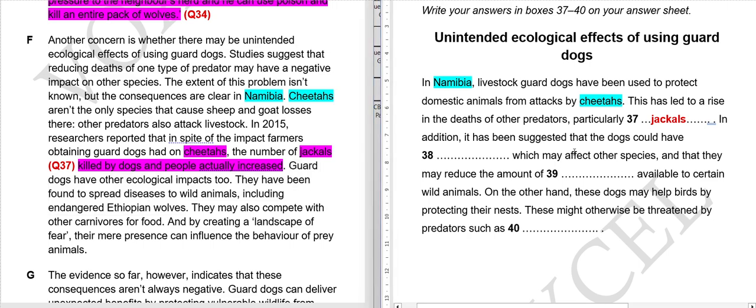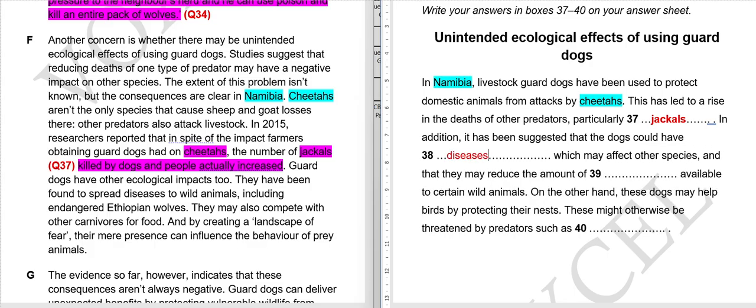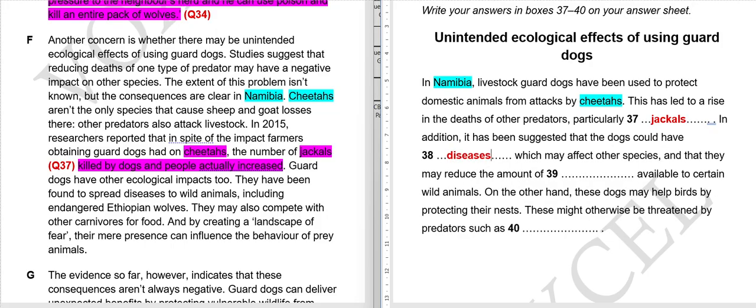So hopefully you would have arrived at the correct answer, and the correct answer, let me write here, is diseases. So why this answer is correct, let's see.